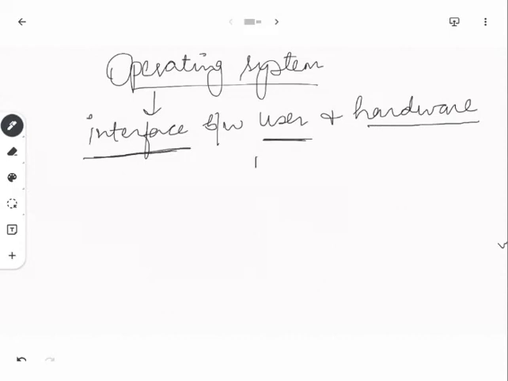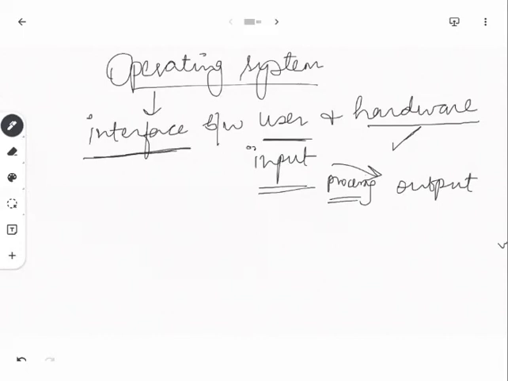So the user is giving the input, and after processing this input on the hardware, you are getting some output. So your input is being converted into output after some processing. This processing is being done on the hardware, and for everything to work in this situation, your interface is provided by the operating system.